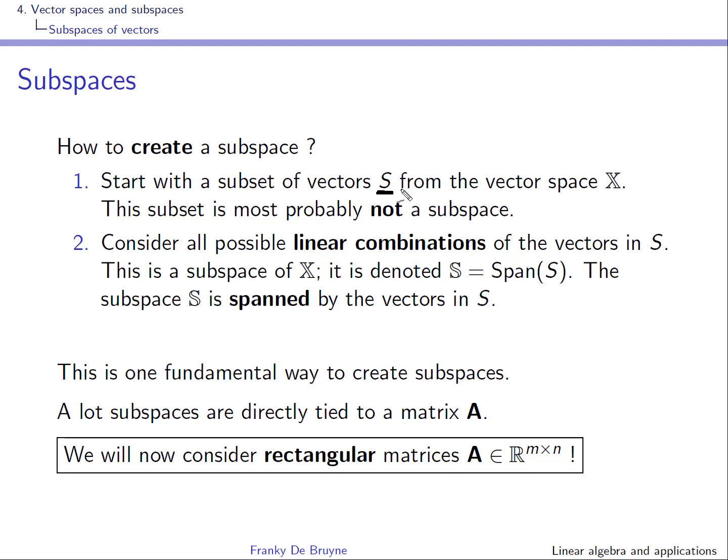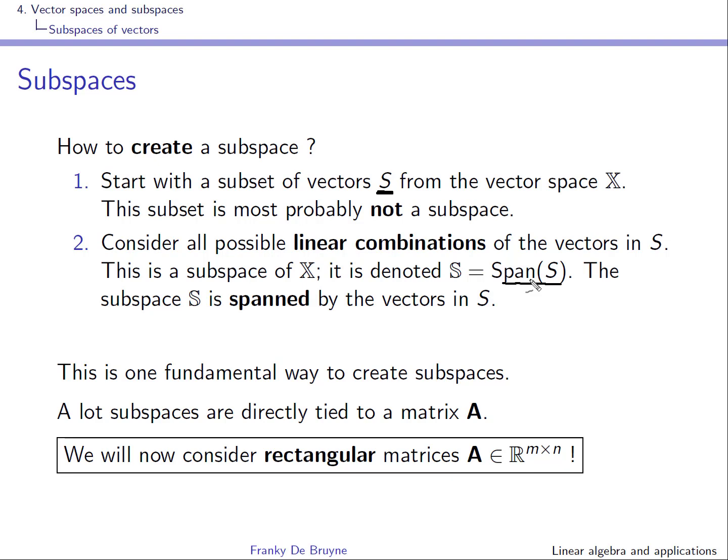But if you consider all linear combinations of the vectors in this subset S, that's a subspace of X, and it's denoted the span of S. So what you do is you isolate a few vectors from the vector space. You take all linear combinations of these vectors, which you call the span of these vectors. Well, that's a subspace of X. And this is one fundamental way to create subspaces.